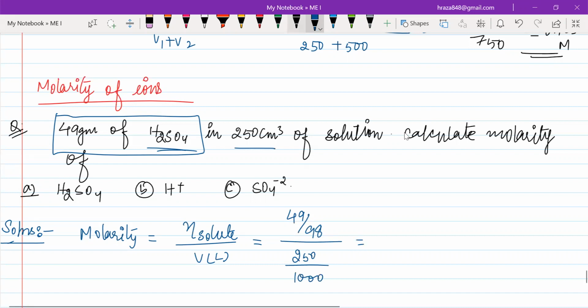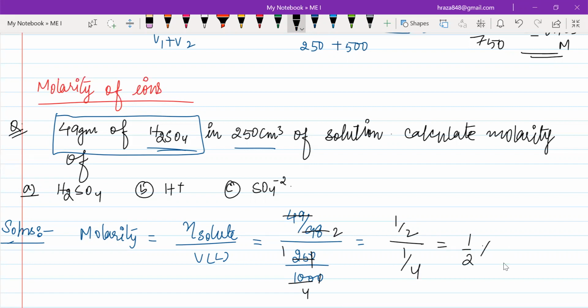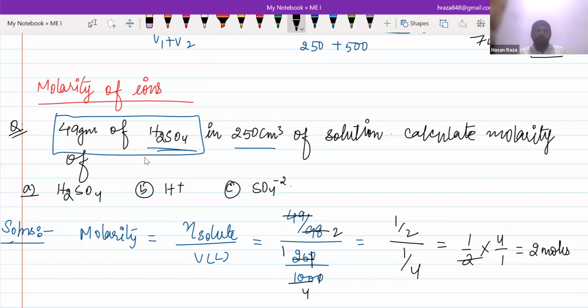You can easily cancel it and you will get 1 by 2 here, and here 1 by 4. Now it will be 1 by 2 into 4 by 1, that will be equal to 2 moles per liter. So it's very easy till this.